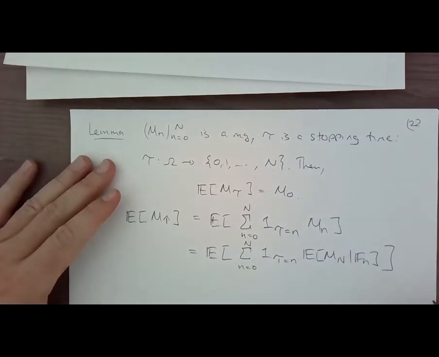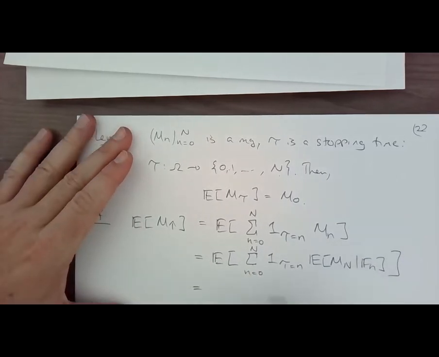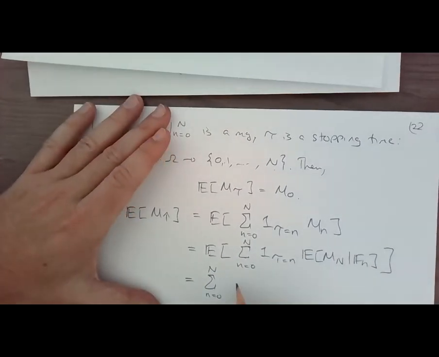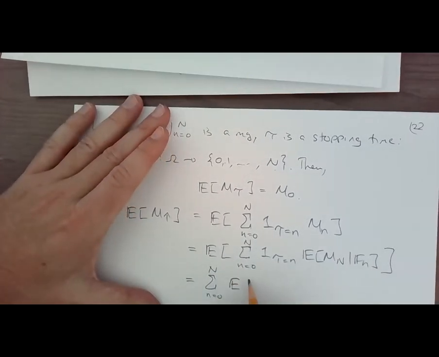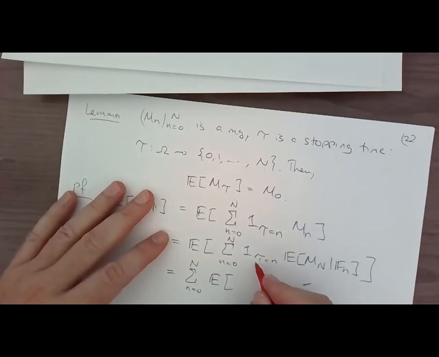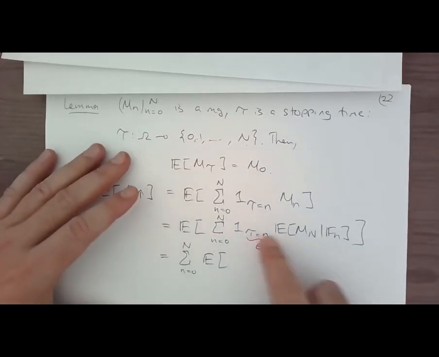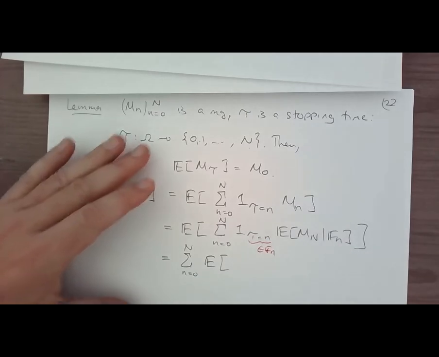Now I can put the sum outside, and then I have an expectation and this set here. By the stopping time property, the set where tau is equal to n belongs to F_n. So this indicator is F_n measurable, and it can go inside.